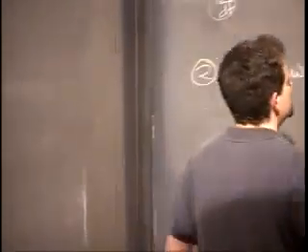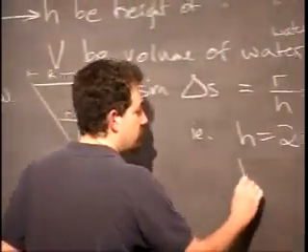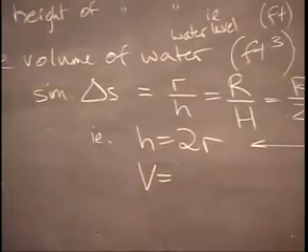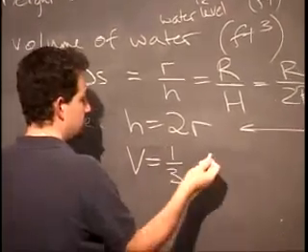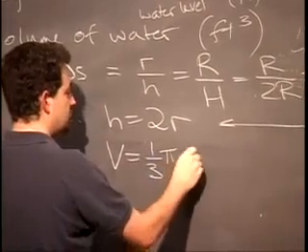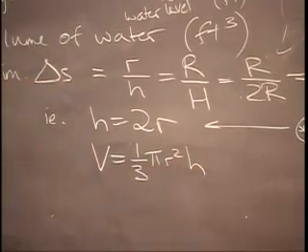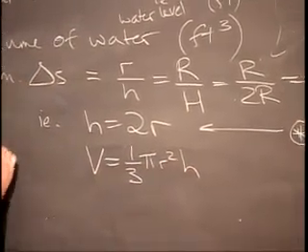We also need an equation involving the volume. And because it's a cone, we need to know the volume of a cone: 1/3 pi r squared h. You need to know that volume of a cone formula.